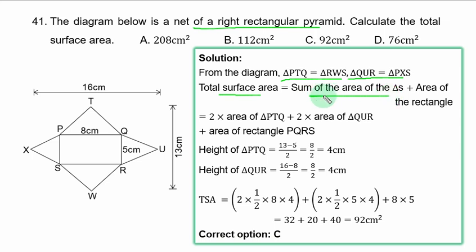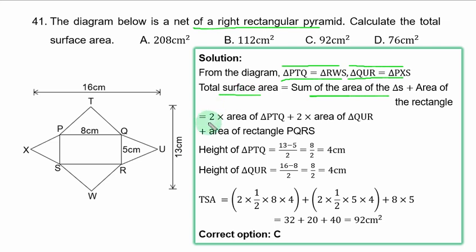To get the sum of the area of the triangles, once you get the area of one triangle, multiplied by 2, that becomes the area of the two triangles. The same thing you do for these two triangles.